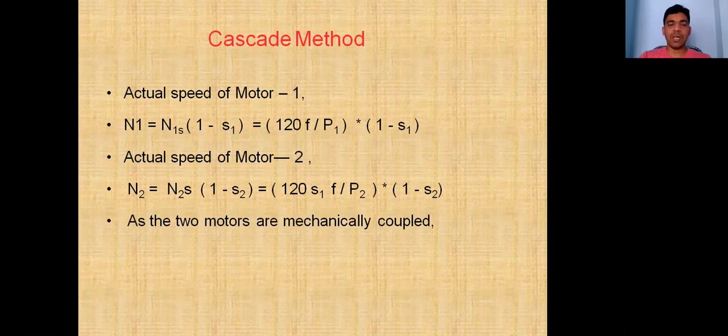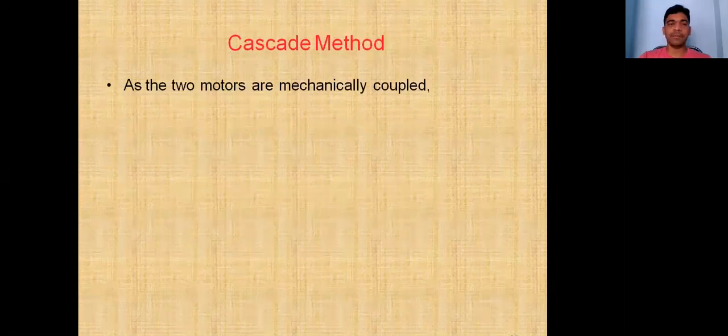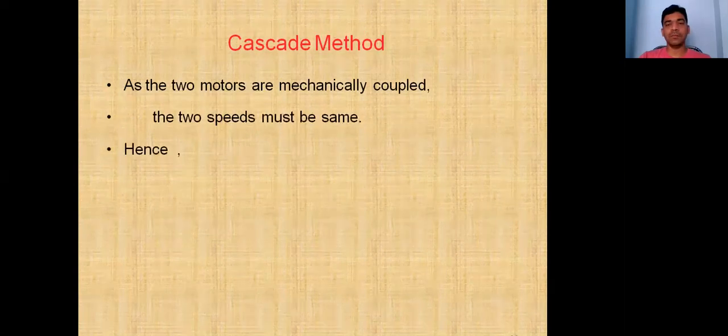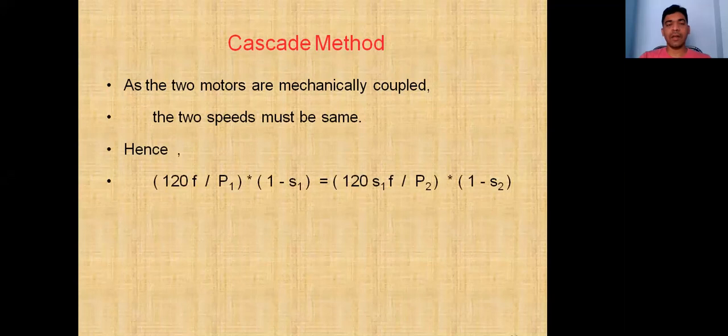As the two motors are mechanically coupled, the two speeds must be the same. Hence, 120 F by P1 into 1 minus S1 is equal to 120 S1 F by P2 into 1 minus S2.